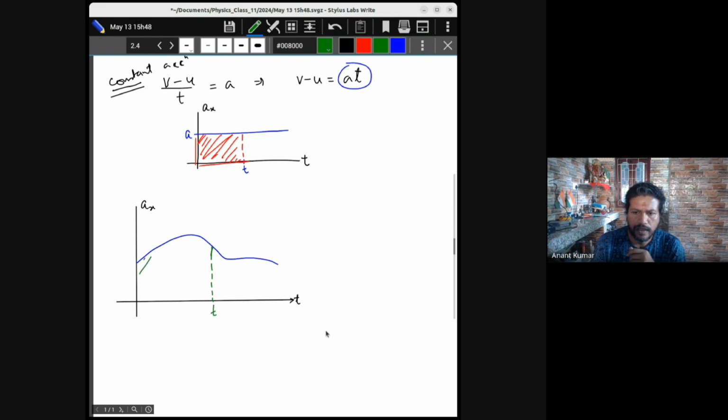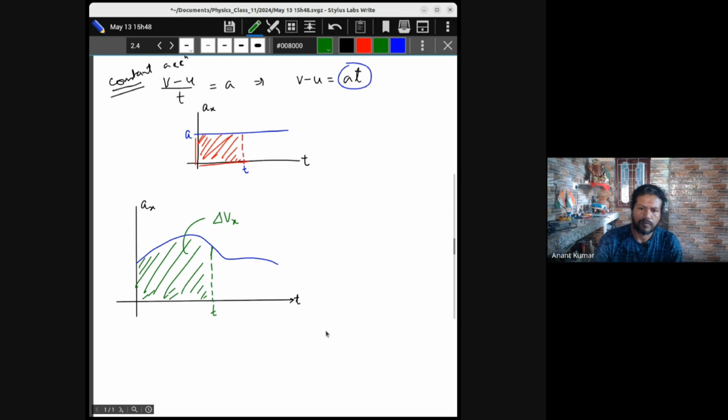So this area is actually going to give us the change in the velocity during that interval of time. उस interval में जो velocity का change होगा, that is given by this area in fact, right? तो यहाँ से हमें we have some progress because I can find out the area under the graph for the acceleration time, and what we end up getting is the change in the velocity.